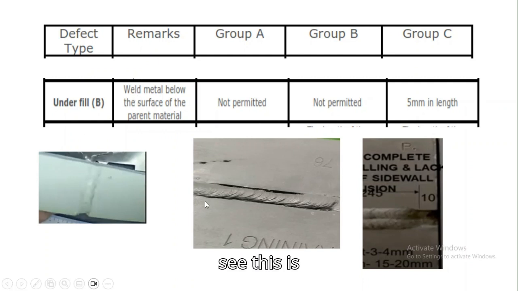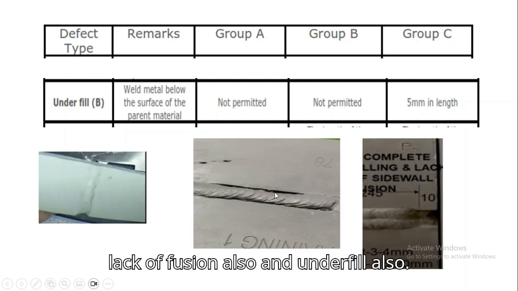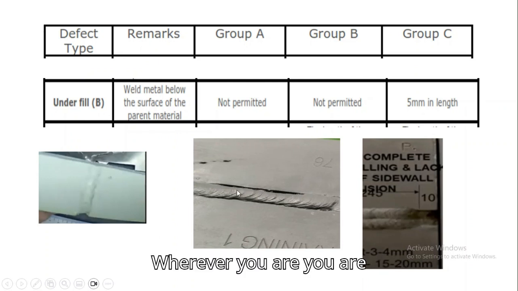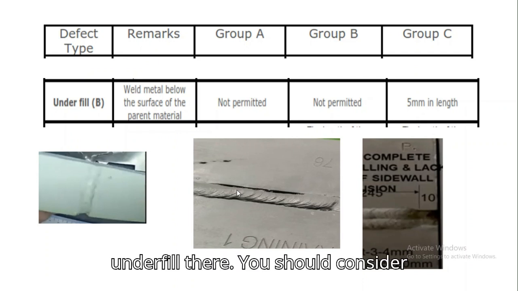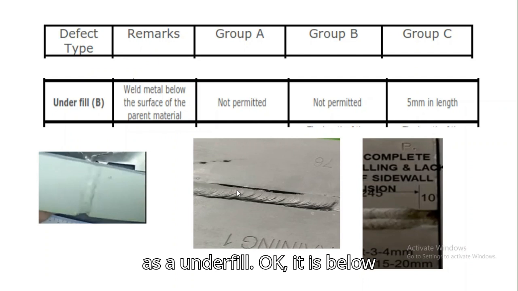Here you can see this is lack of fusion and also underfill. Wherever you are noticing lack of fusion or slag inclusion, there will be underfill. There you should consider it as an underfill.